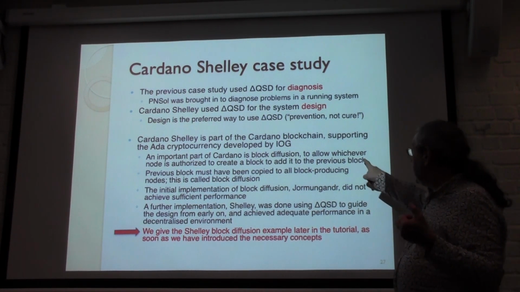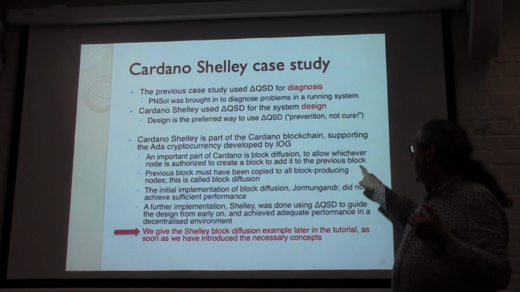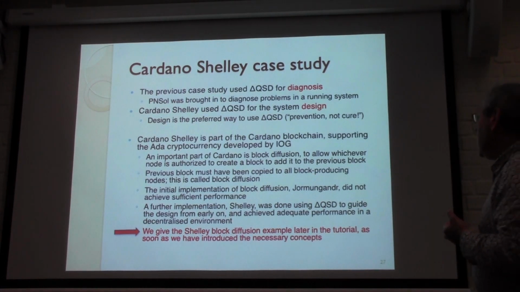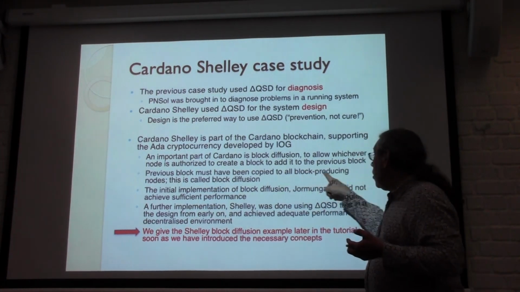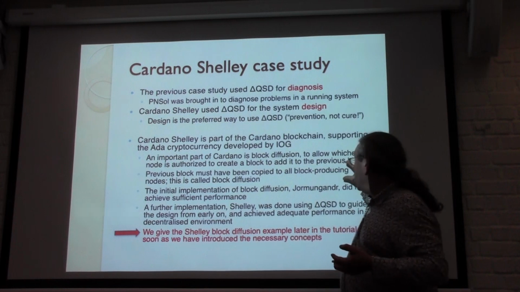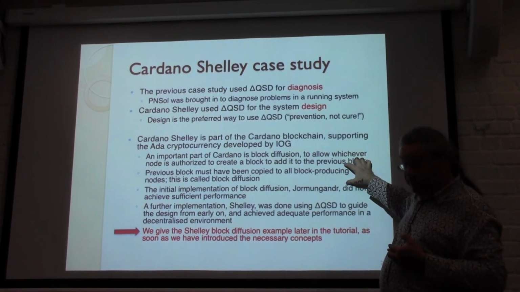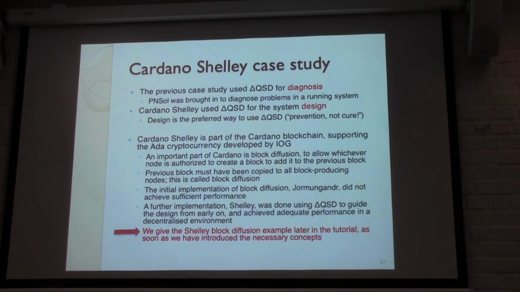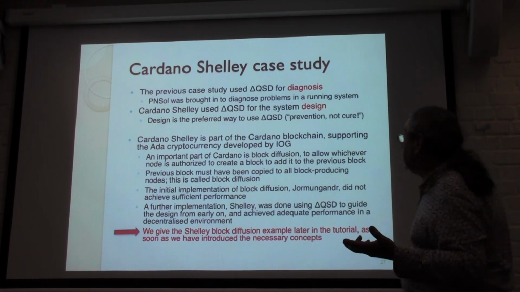And in order for that to work, that previous block must be known. It must have been copied to all block producing nodes. This part of the algorithm is called block diffusion. So in order to add a new block, one of the prerequisites is that you have to do block diffusion.